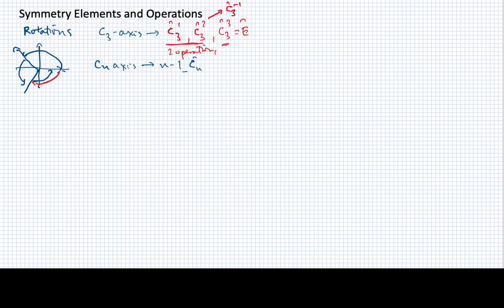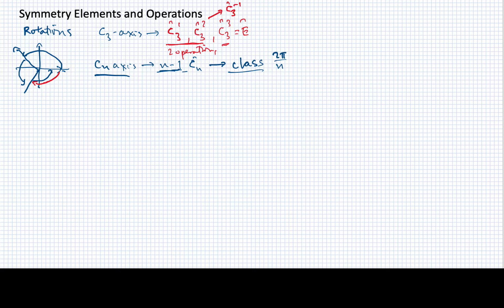So I'm going to say that all of these n-1 operations belong together to something I'll call a class. They are a class of operations that relate to a rotation through an angle of 2 pi over n around the axis of rotation, around the symmetry element.